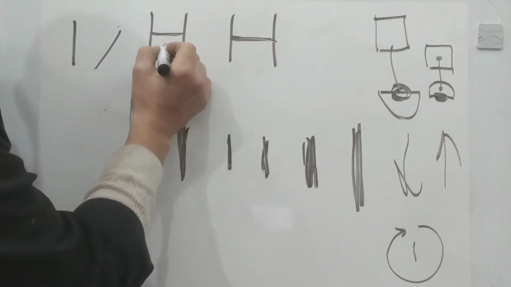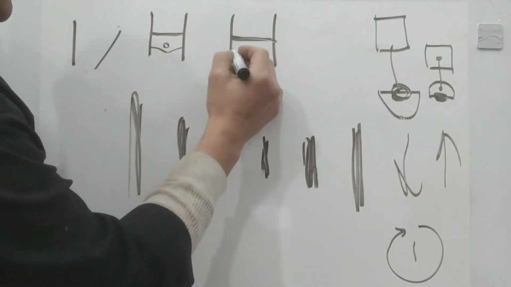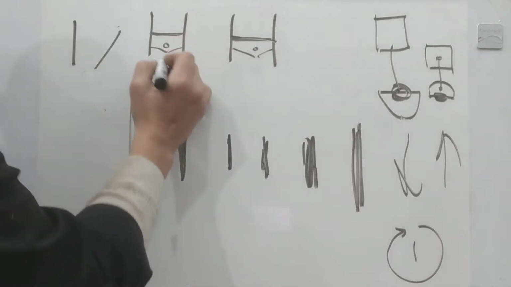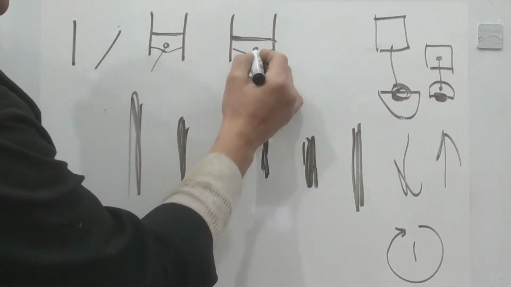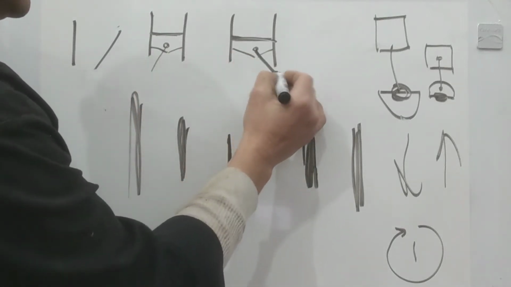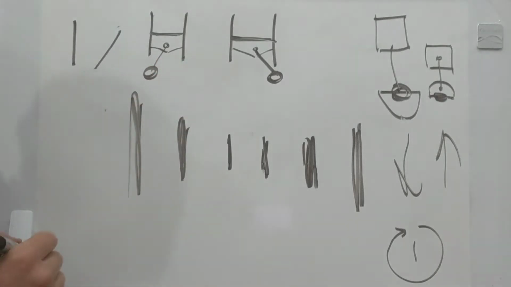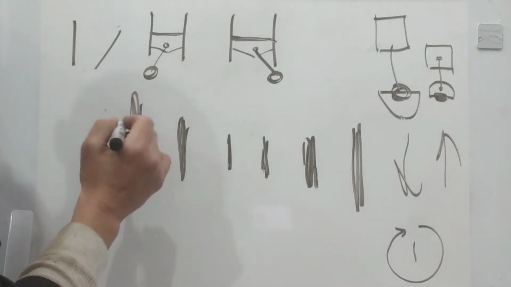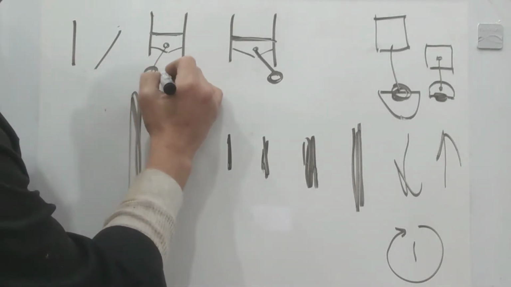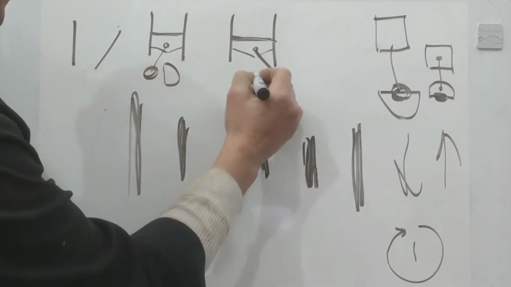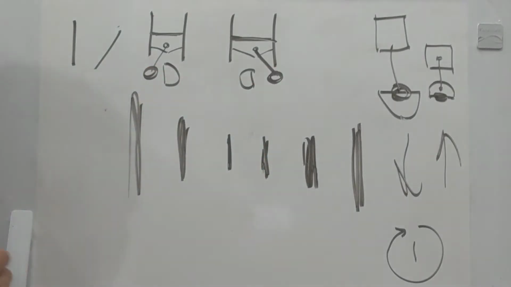So let's look at this again. Here's your piston. Here's your connecting rod. And here's the crank pin. Okay? And what's happening at this moment is the weight's over here, and now the weight's over there.